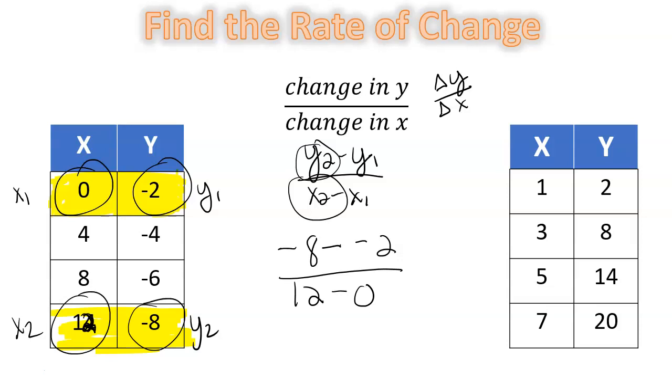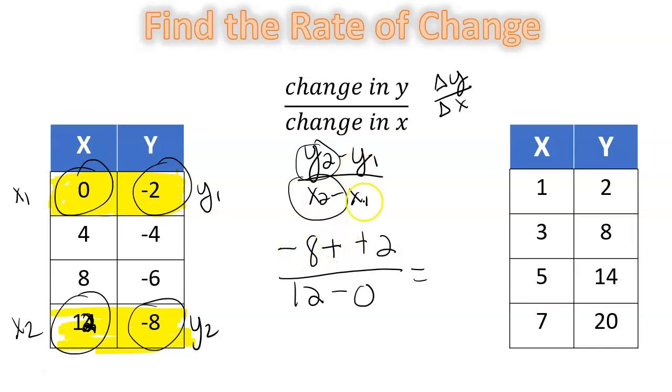The biggest mistake I see would be in your numerator here. People are going to put just -8 minus 2, but that would be saying -8 minus a positive 2. The formula itself requires us to subtract to find the change. So if we have a negative number, we're going to have subtracting a negative. We just have to remember that subtracting a negative is adding a positive because we're doing the opposite.